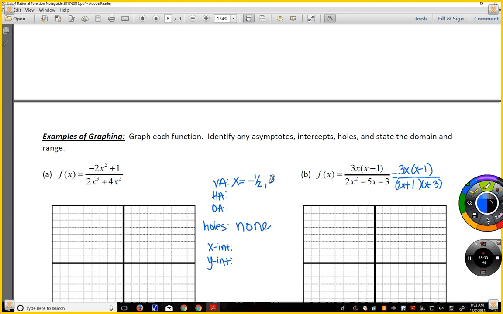Okay. All right, horizontal and oblique asymptote. These are the ends, right? What's happening at the ends? One of them is going to be none, because either we're horizontal or we're not. Does this function have a horizontal asymptote? And the answer is yes, as long as the degree of the numerator is not higher than the denominator, right? So the degree of the numerator, if I multiplied it out, would be what degree? 2.